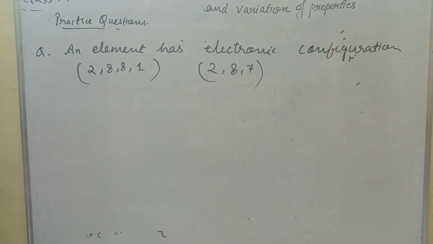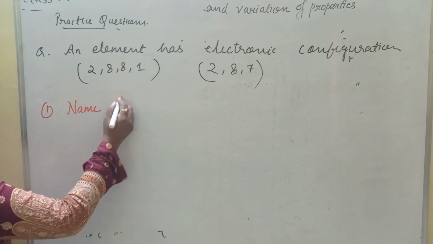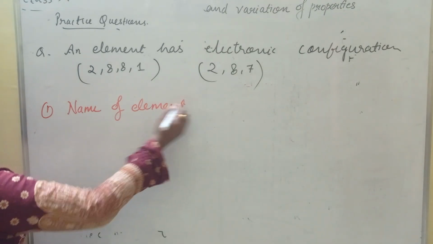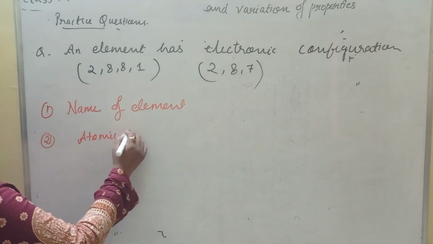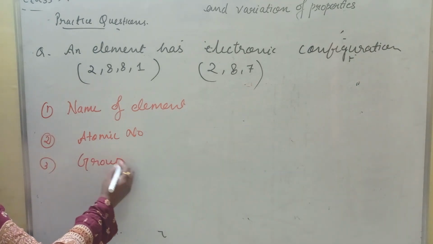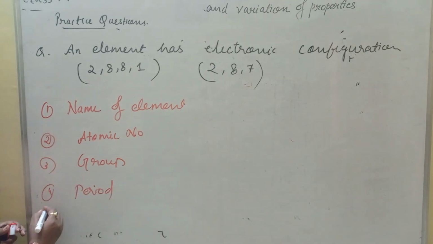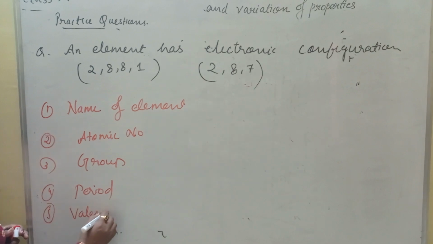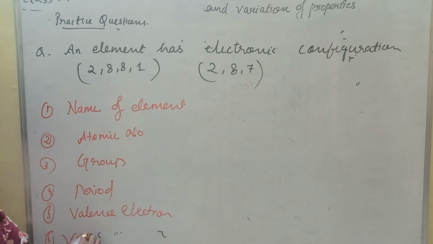Based on this, you have to tell first the name of the element, second the atomic number, then group, period. You can add more to it. You can tell valence electrons also, and valency. This is how the questions will be asked from this chapter.